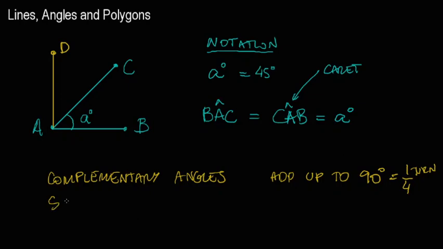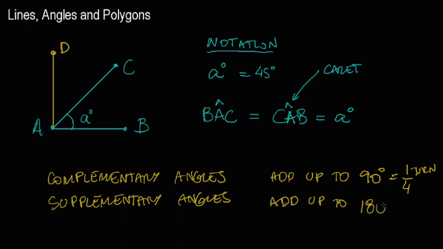Now, two angles may also be supplementary, and that means that they add up to 180, which is half a turn, or a straight line.